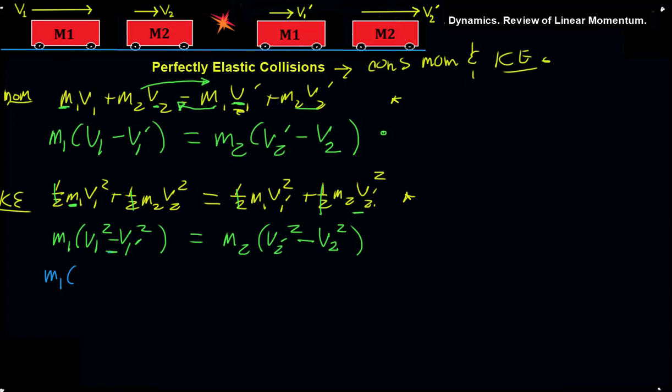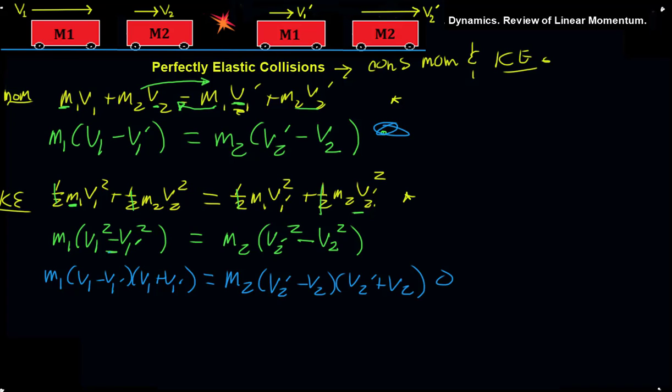So I can write that as m1 (v1 minus v1 prime)(v1 plus v1 prime). And the same thing on this side, difference of two squares, m2 (v2 prime minus v2)(v2 prime plus v2). And now we'll take these two equations and merge them together to see what our solution is.